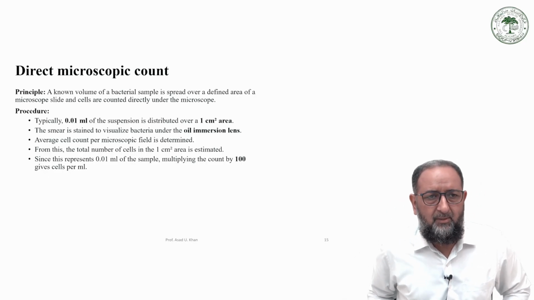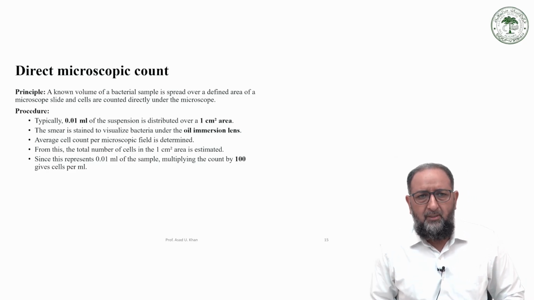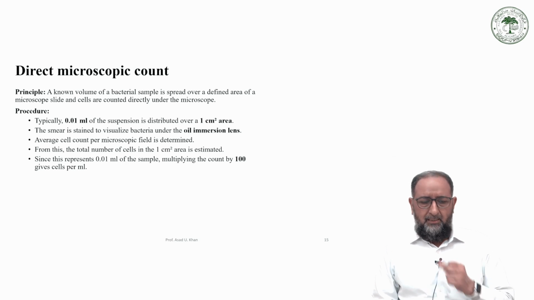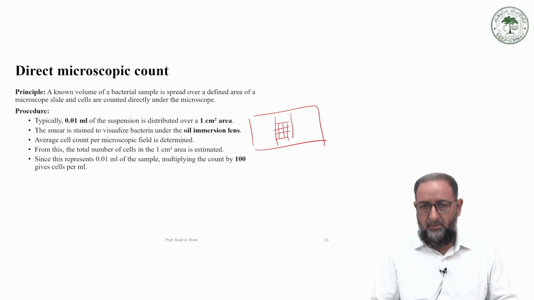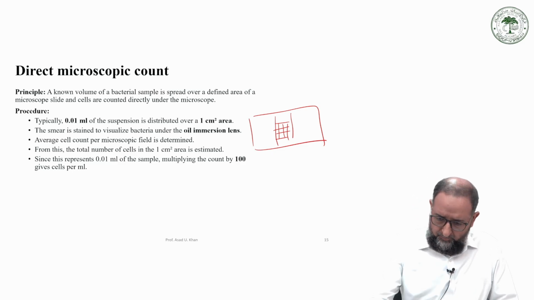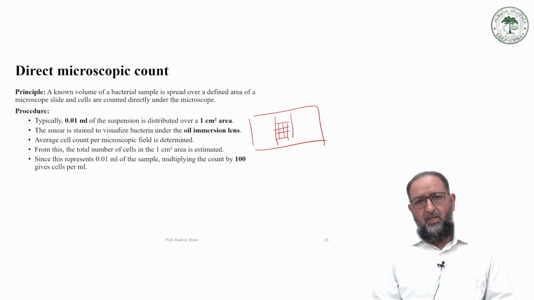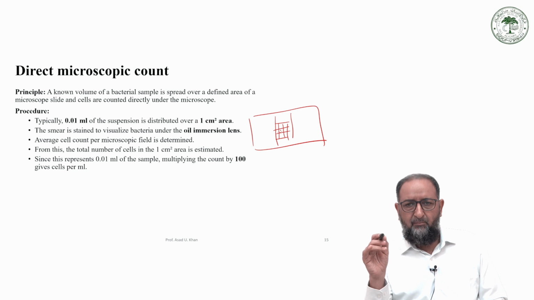So let's talk about the direct microscopic count. In the direct microscopic count, you take simple slides. For example, this is the slide, and this is a kind of chamber you make, and in this chamber you put the cells, on each chamber. Now you can calculate the number of cells in each chamber, and the number of cells counted is multiplied by a factor of the volume in which these cells are present.